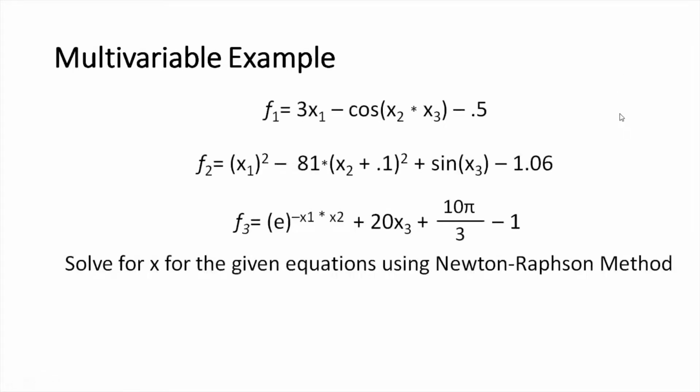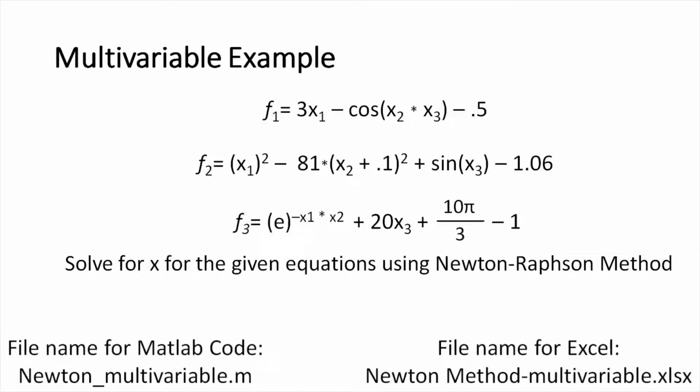So we're going to go over the example of how to use Newton's method for multivariable. So we're going to use these 3 equations and solve for x for each one using Raphson's method. And the MATLAB code will be provided and the Excel to go step by step.